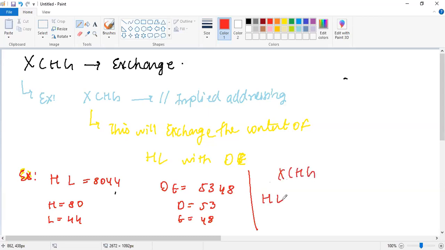In your HL, this data will be moved. So in HL there will be 5348, and in DE there will be 8044.